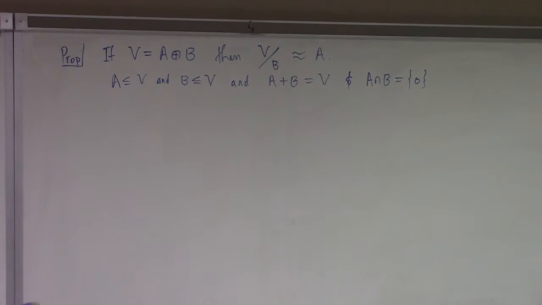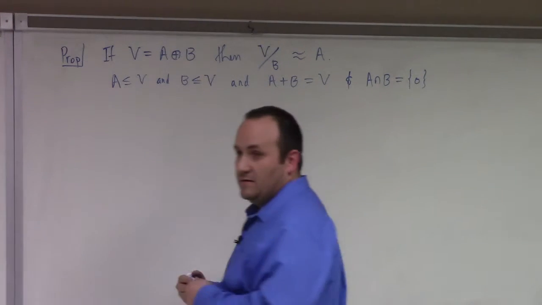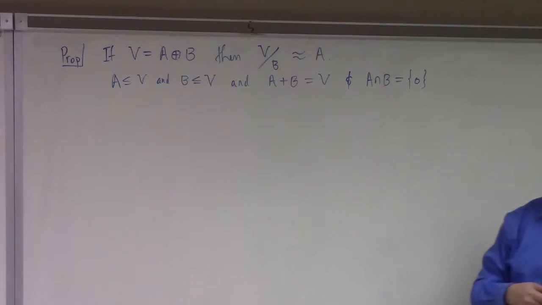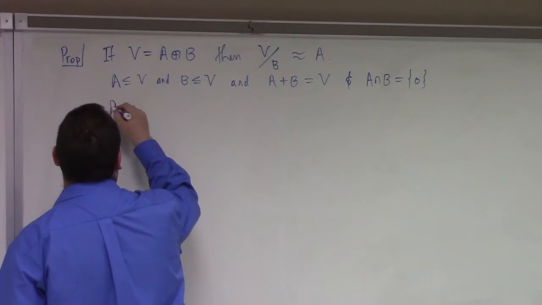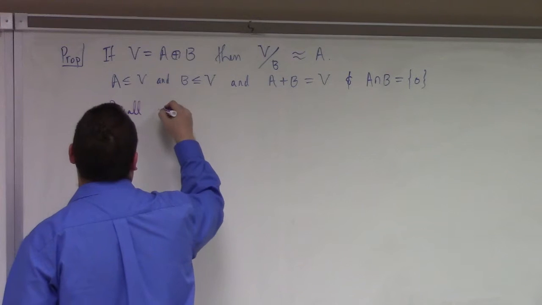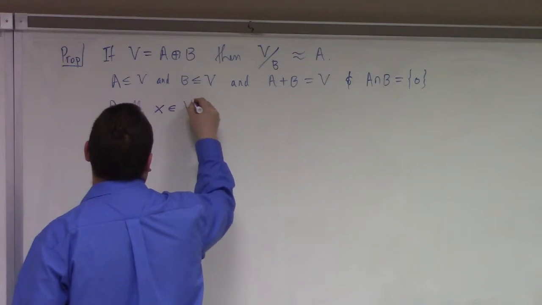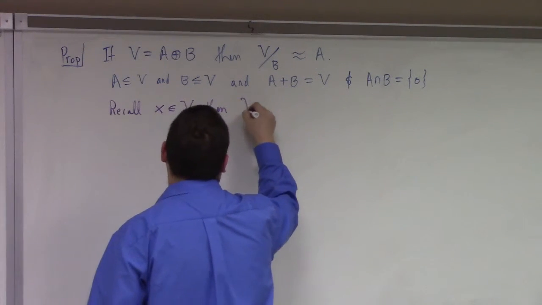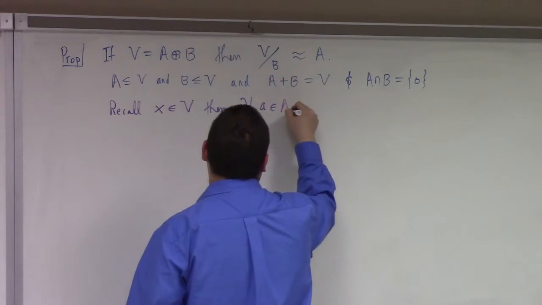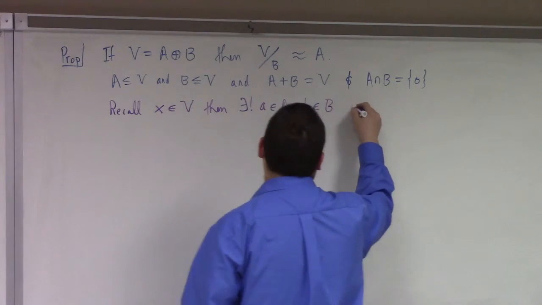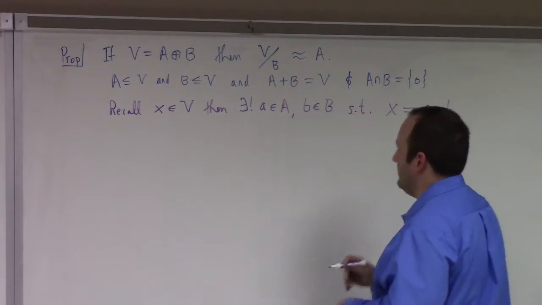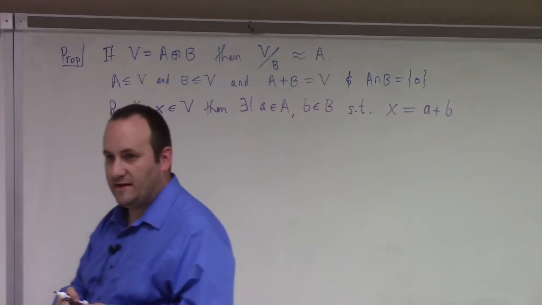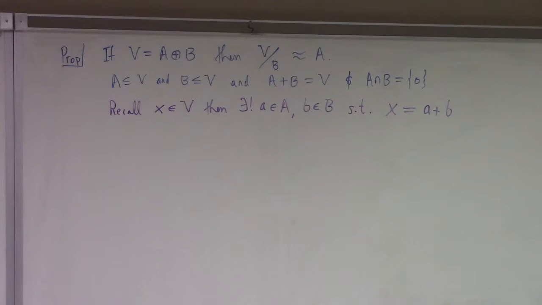Okay, so we need a mapping that we can apply the first isomorphism theorem to, right? Remember what we had: if x is an element of V, then there exist unique a and b such that x equals a plus b. That was the structure of a direct sum.